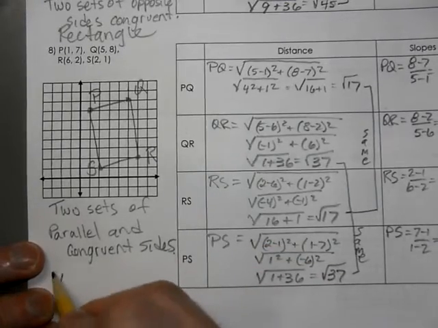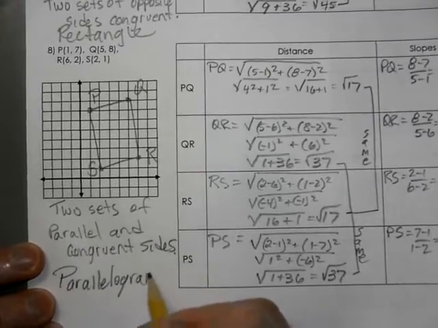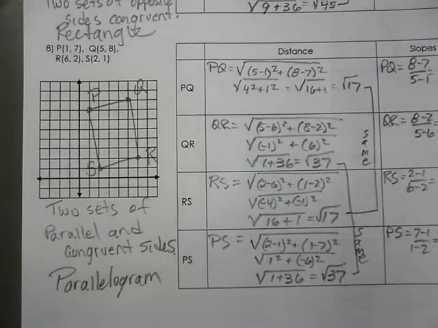So we know that this is a parallelogram. It's not a rectangle because it doesn't have opposite reciprocal slopes. It's not a rhombus because we don't have consecutive sides congruent. It's not a square because it's not a rectangle or a rhombus. So that just leaves us with the basic parallelogram.